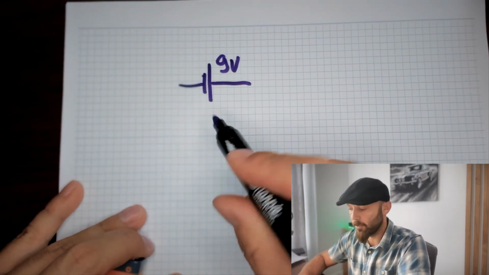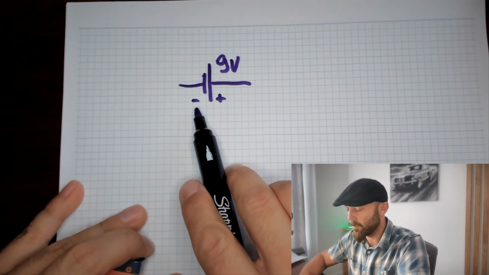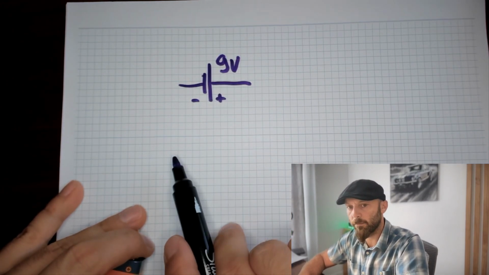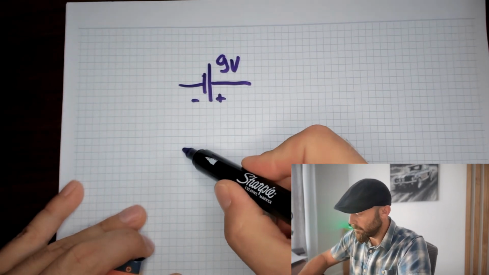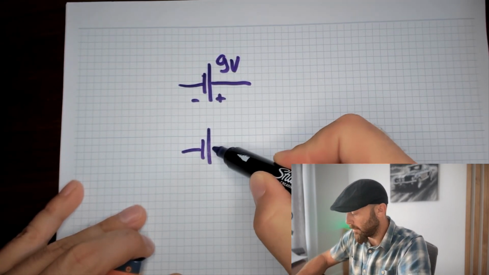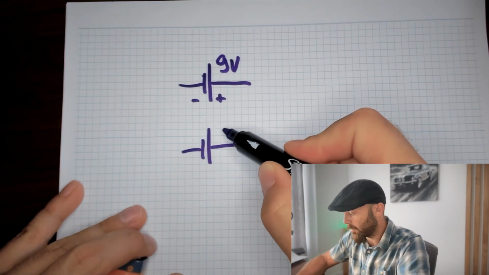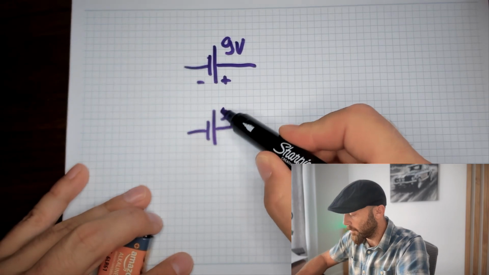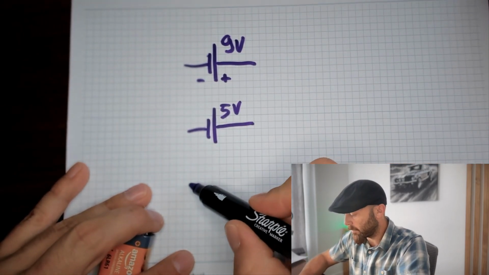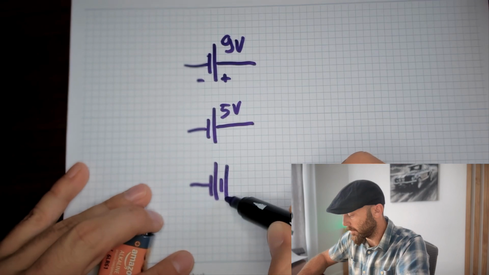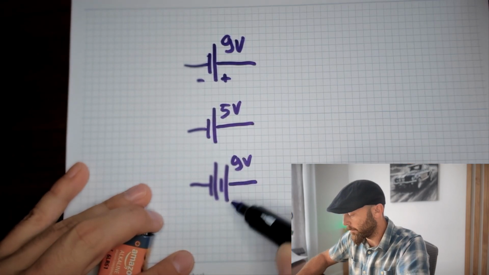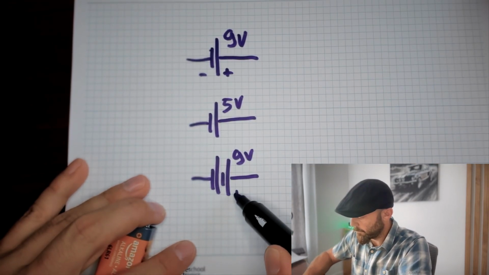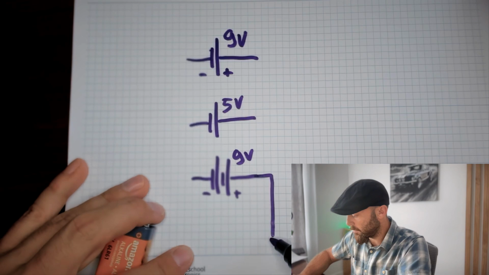Now, we don't even need to put the plus and the minus sign, because we know that the short line will be the minus and the long line will be the plus. So sometimes when the voltage is above 5 volts or so, you may see it doubled, even if it's just one battery. So a 9-volt battery might be represented like that. Just know it means exactly the same thing. Now let's finish this circuit.